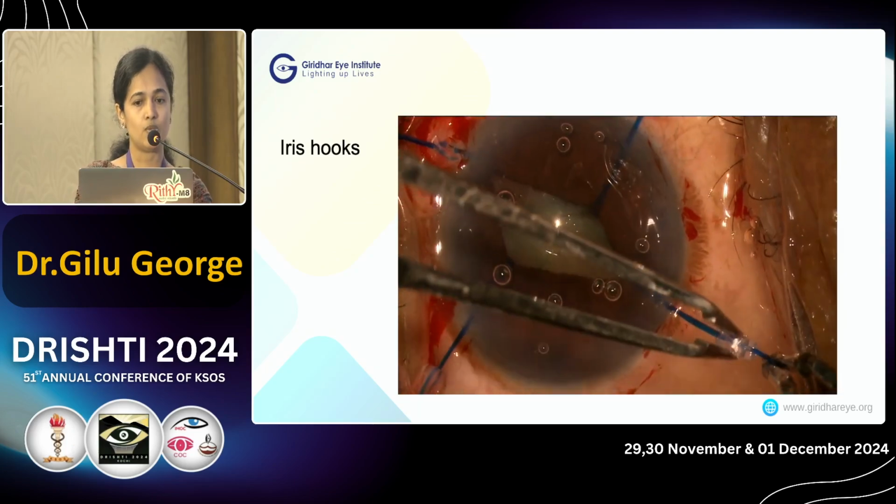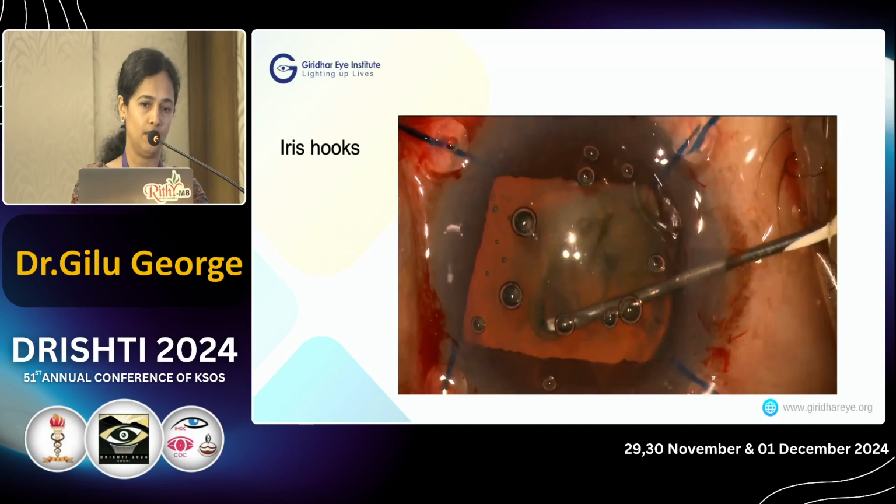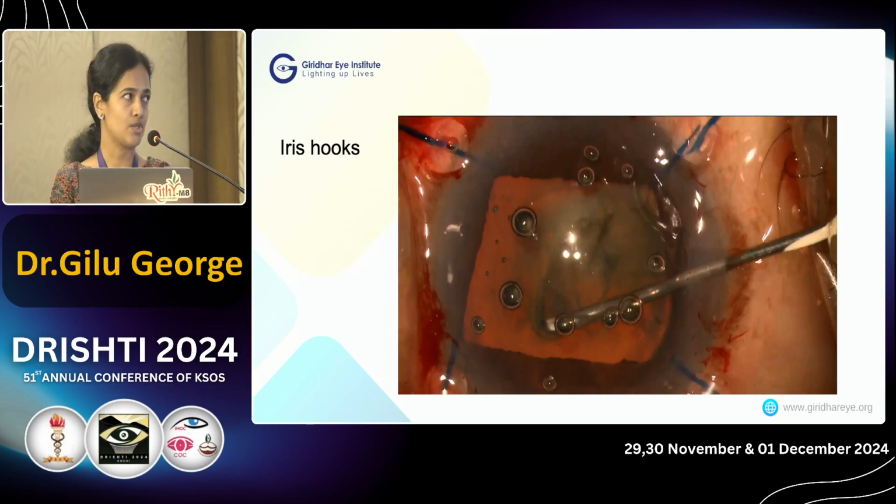So in this case, because you are using 4 hooks, you are going to get a square shaped pupil, and you are doing a circular CCC in a square shaped pupil. So the size, shape and the position of your CCC you should have in your mind. Like in a normal case, you cannot depend on the pupil size or shape to guide your axis. So if possible, you can use an axis marker.